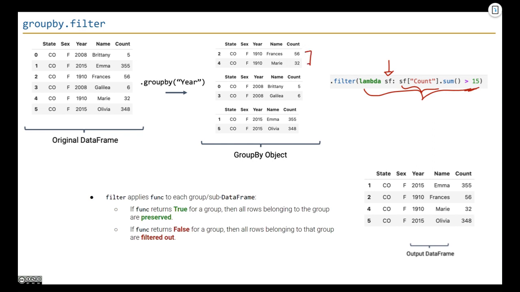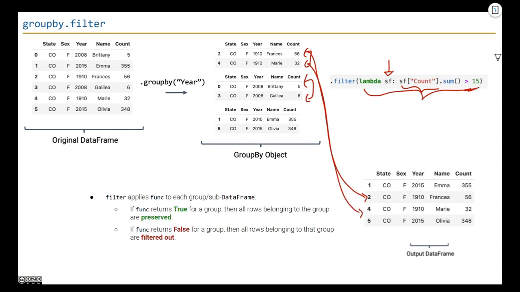So I can see here, yes, I have more than 15 babies that were born in this 1910 sub-data frame. Again, this is my little baby names temp, so this was just the sub one we're playing with, or the temporary one. Here, I'm not exceeding my 15, and so I'm not going to get those rows at all. Here, because the sum of this did meet my criteria, it's going to be included.